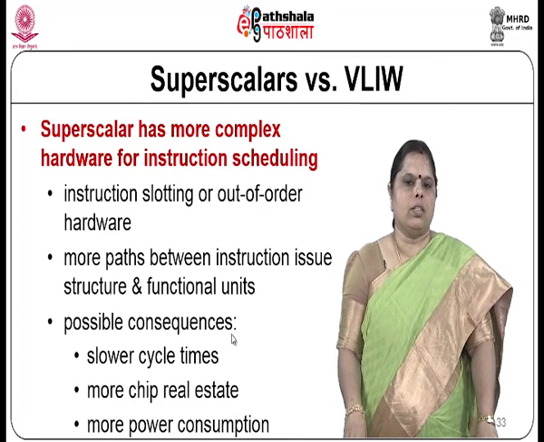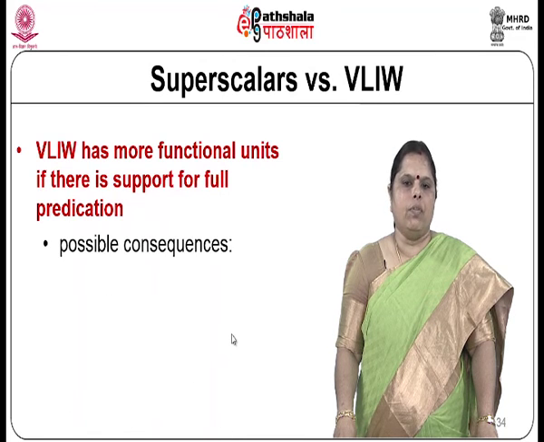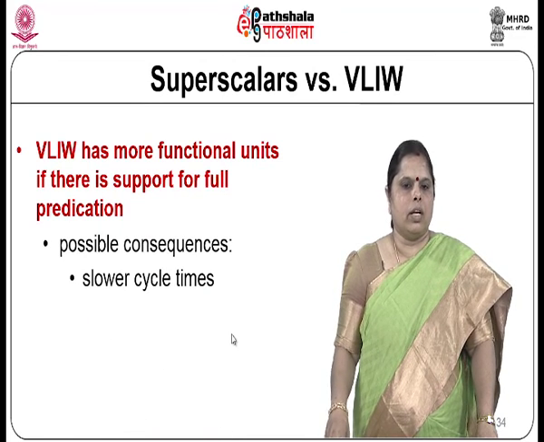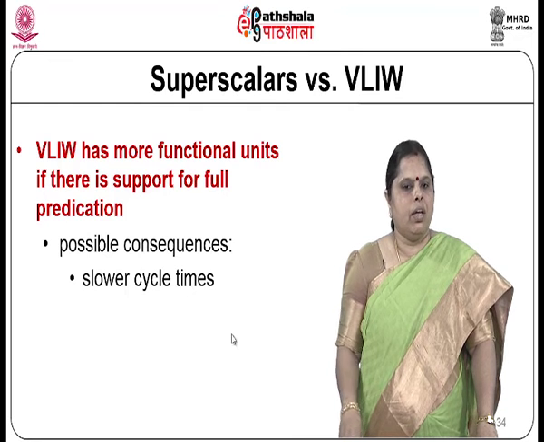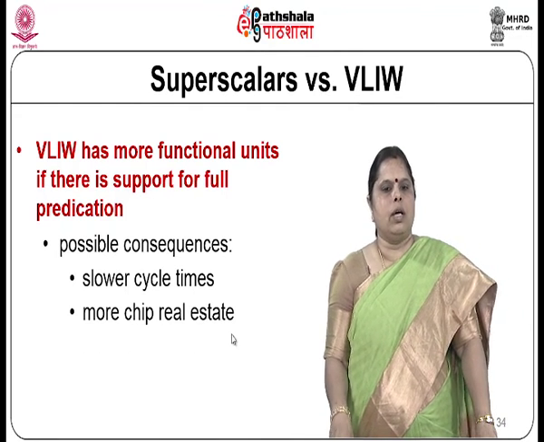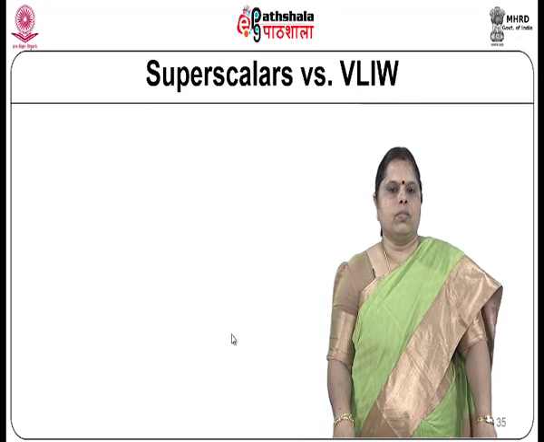Those are the drawbacks associated with your superscalar. Whereas if you look at your VLIW style of architectures, VLIW architectures have more functional units if there is support for full predication. There is slower clock cycle times, more chip real estate and more power consumption.